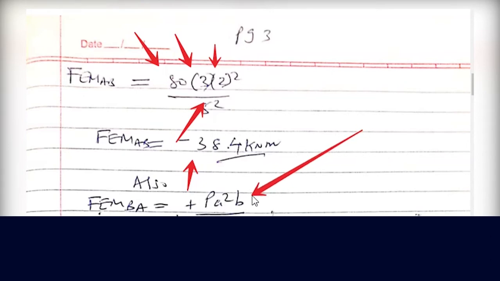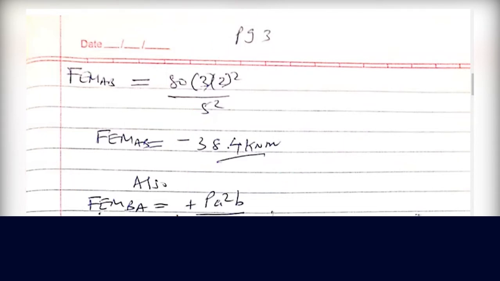The same applies when you consider the fixed end moment between B to A, which is the positive value, the opposite one. Now here it is P times the square of A, and B is now not squared as it was in the previous equation. So divide by the square of the length, as you see there.